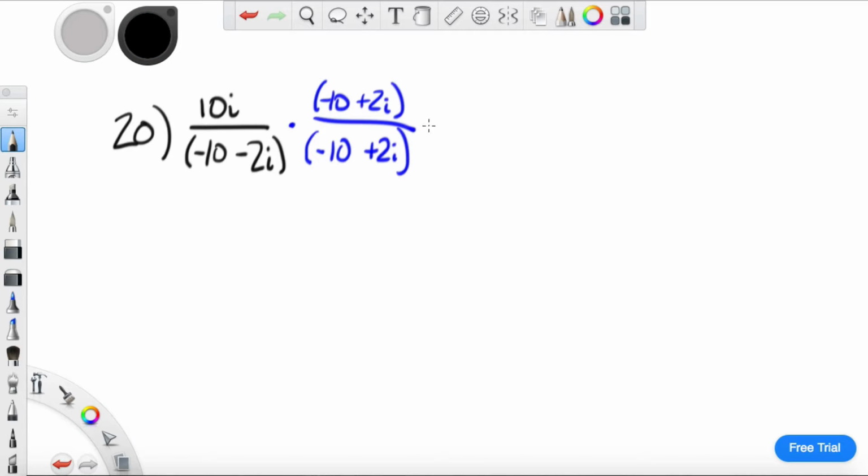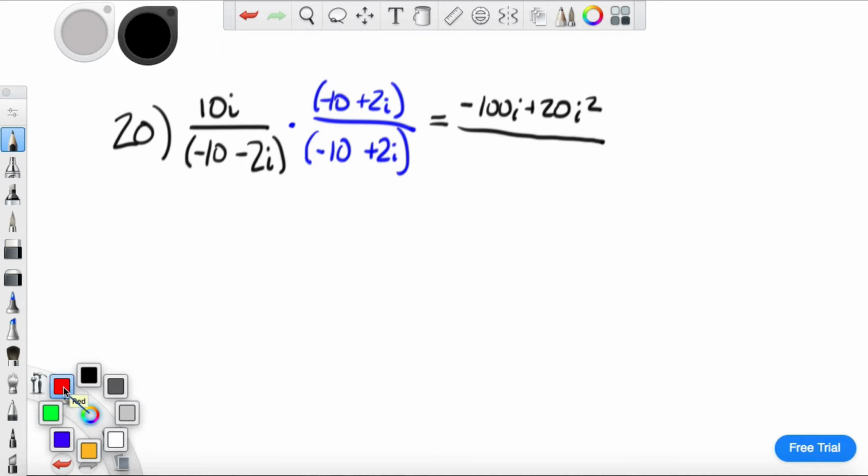All right. So on the top, 10i times -10 is -100i. 10i times 2i is plus 20i squared. Ooh, we get to do something with that i squared. I know it, I know it, I know it. All right, then we're going to FOIL this. -10 times -10. Well, wait, no, we're not going to FOIL it. No, we're not.